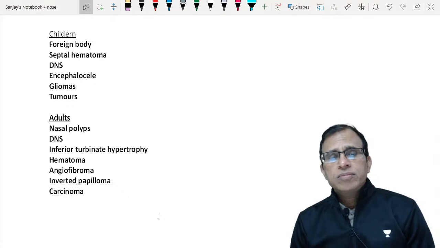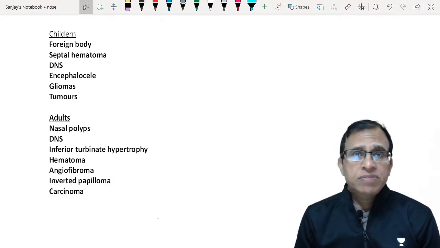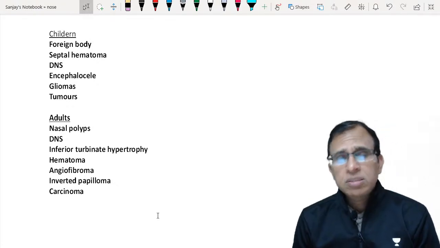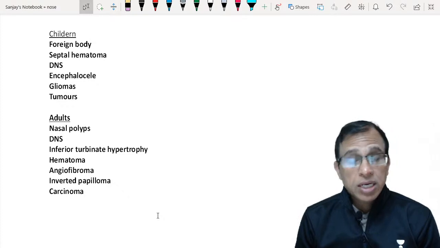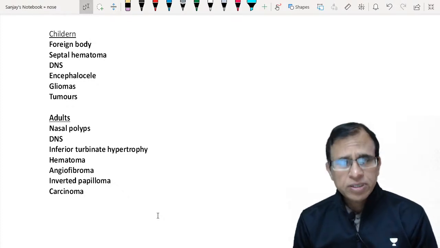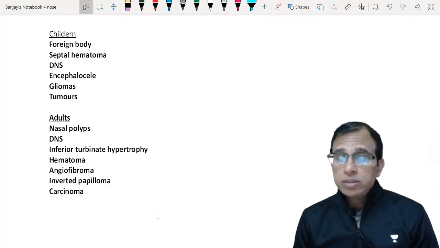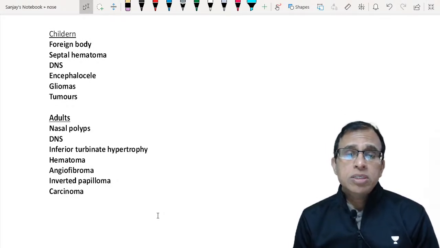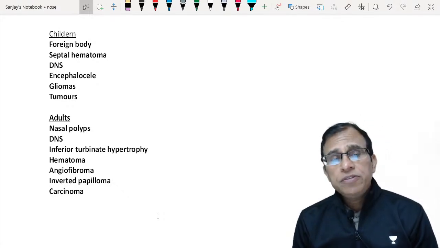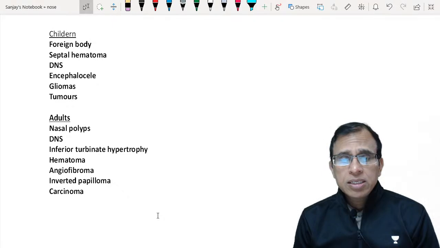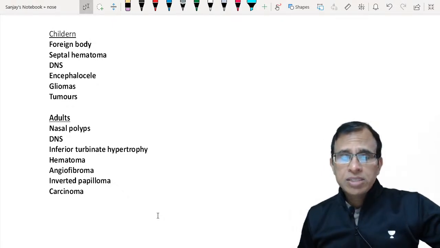So in children, common causes of nasal blockade are foreign body in the nose, very, very common, septal hematoma, sometimes divided nasal septum, encephalocele, gliomas, tumors of different kind. There are some tumors which are seen in children. Adult, on the other hand, the common causes are nasal polyps, DNS, inferior turbinate hypertrophy. This can be either isolated or due to sinusitis.